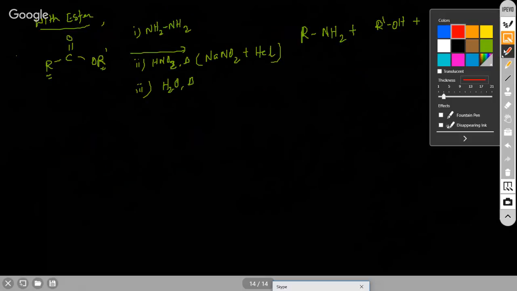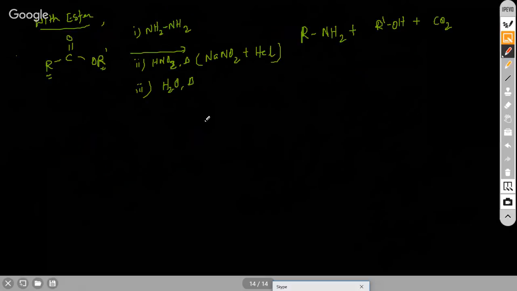First of all, when you use NH2NH2, one of these hydrogens takes the R'O and forms, see what happens, this lone pair of the oxygen will take this H plus from here, and finally R'OH goes out.